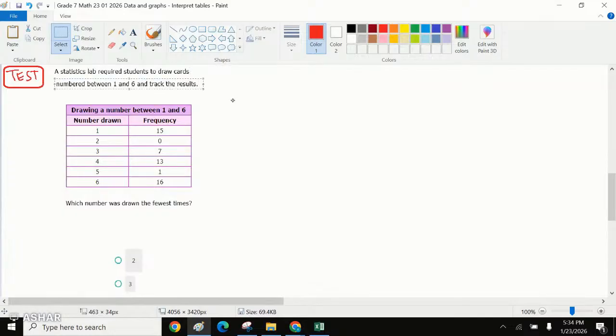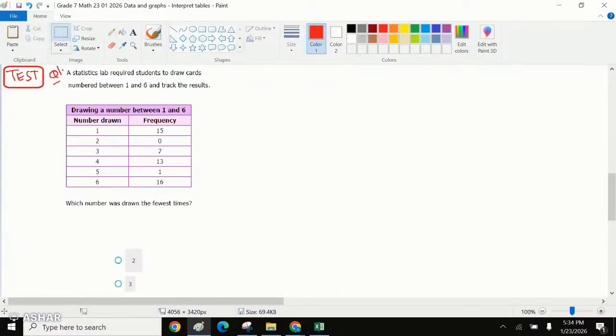In question number 1, the number 1 was drawn by 15 students. The number 2 card was picked up by 0 students, right? And 3 was picked by 7, 4 was picked by 13, the number card 5 was picked by 1 student, and the number card 6 was picked by 16 students, right?